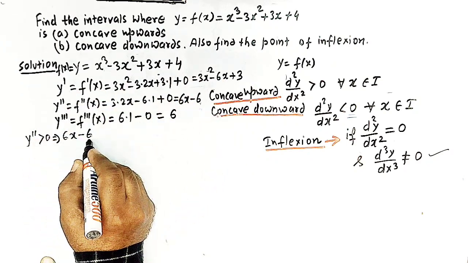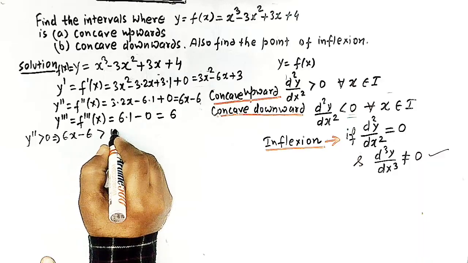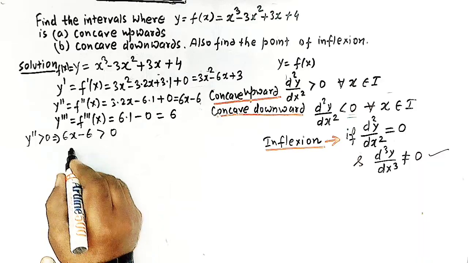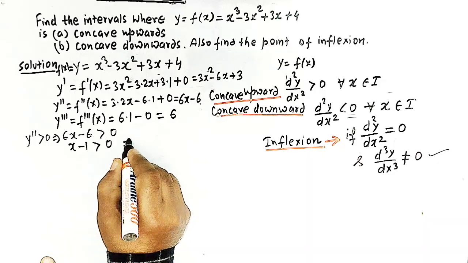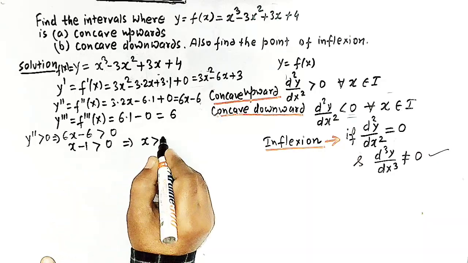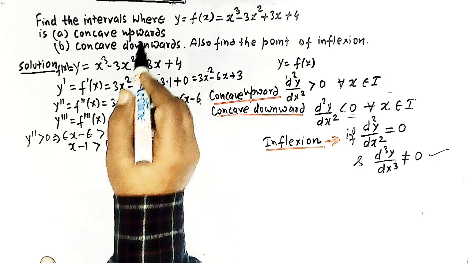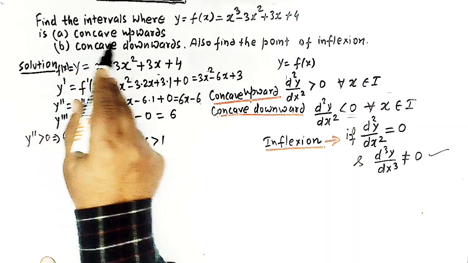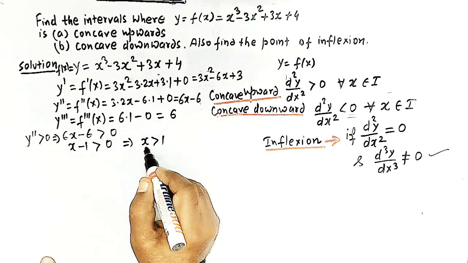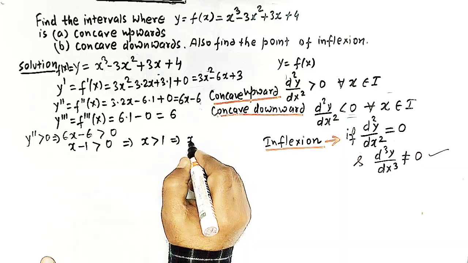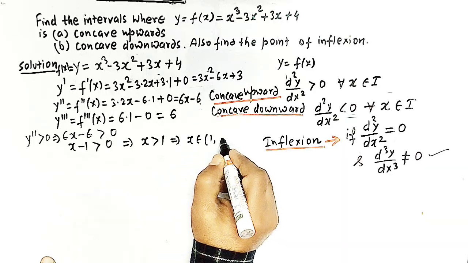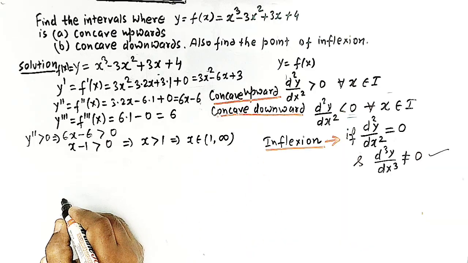So 6x minus 6 must be greater than 0. Dividing both sides by 6, we have x minus 1 greater than 0. So from here we have x greater than 1. So this function is concave upwards when we have x greater than 1, that is x belongs to the interval 1 to infinity, right?